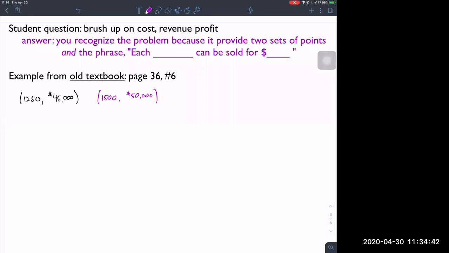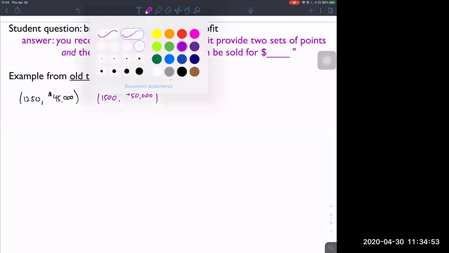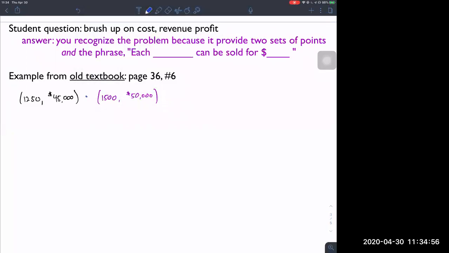It's not going to be written out like this, whether it's a cost revenue profit problem or the cost revenue profit portions in the context of a model. So they gave you these 2 points and told you that each unit produced can be sold for $30.